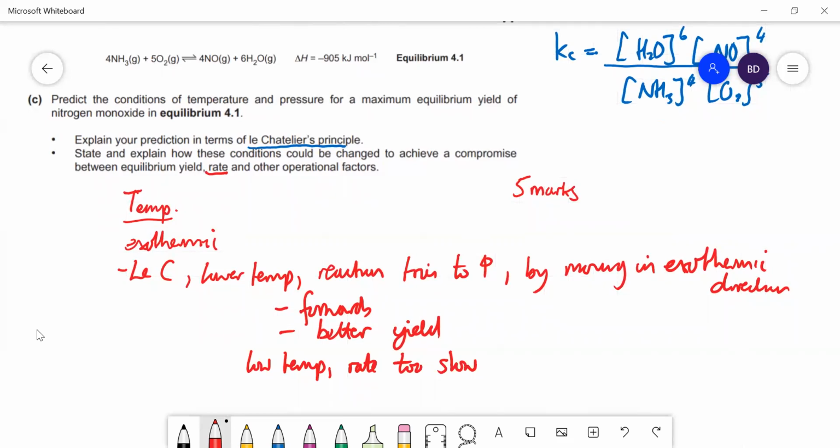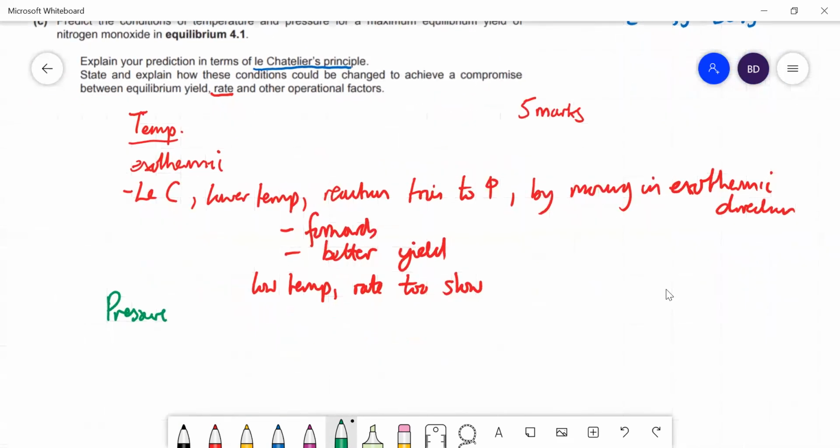Now let's think about the pressure. Let's just count up the gas molecules. We've got 9 gas molecules on the left, and we've got 10 gas molecules on the right. So the gas moles increase from left to right.